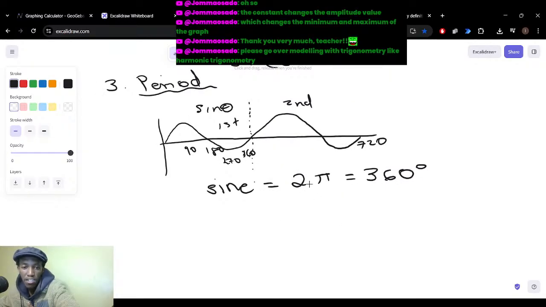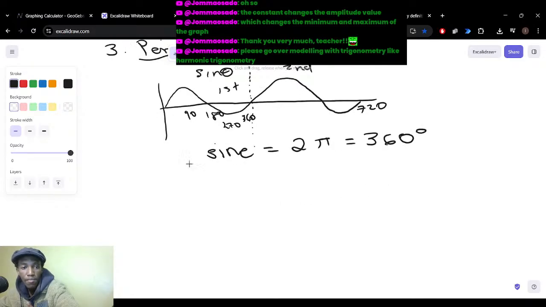But here in high school we are still using degrees as a unit of measurement for angles. So the period of the sine graph is 2 pi. So what about cos?